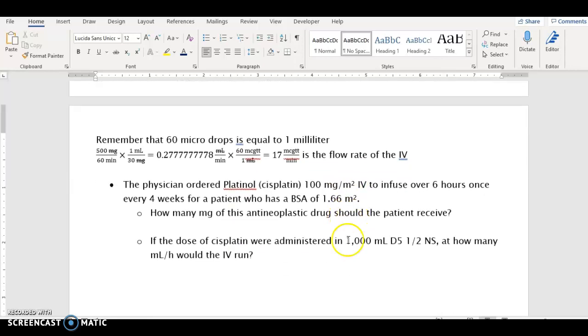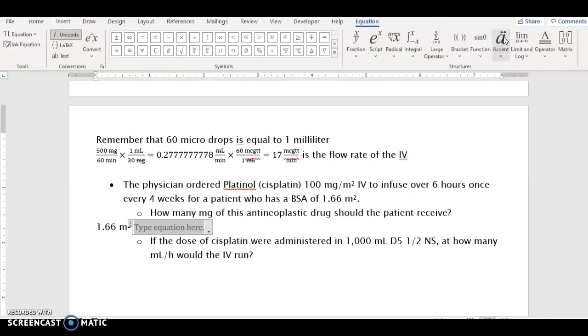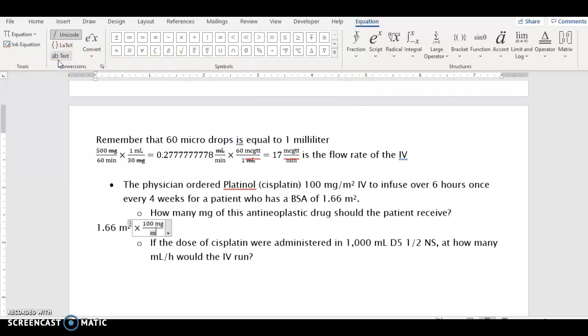The size of the patient is expressed in meters squared, so we're going to type in 1.66 meters squared and multiply that by 100 milligrams per meter squared.